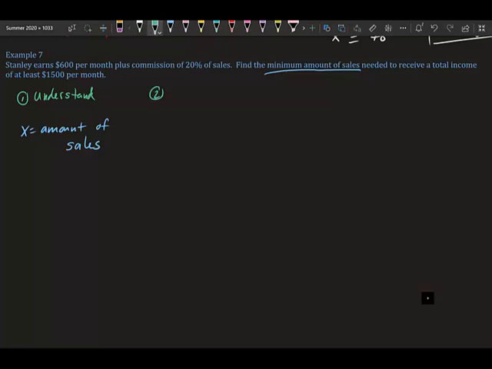All right, our second step is to translate. So to translate, we need to figure out everything they've told us. So Stanley earns a base of $600 per month. So he makes $600 no matter what a month. No matter what.